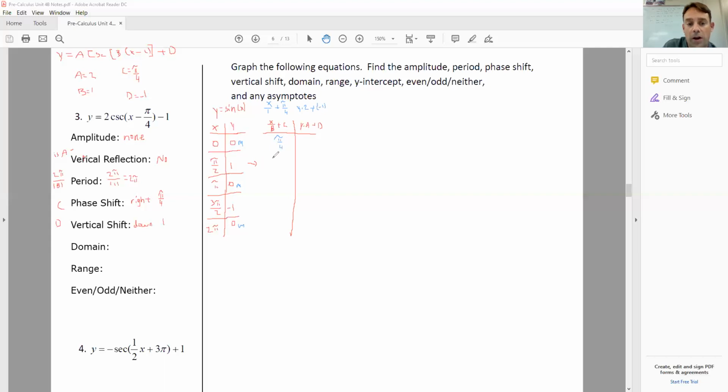Pi over 2 plus pi over 4 would be 3 pi over 4. Pi plus pi over 4 would be 5 pi over 4. 3 pi over 2, that's 6 pi over 4 plus pi over 4, that's 7 pi over 4. And 2 pi is 8 pi over 4 plus pi over 4, that'd be 9 pi over 4.